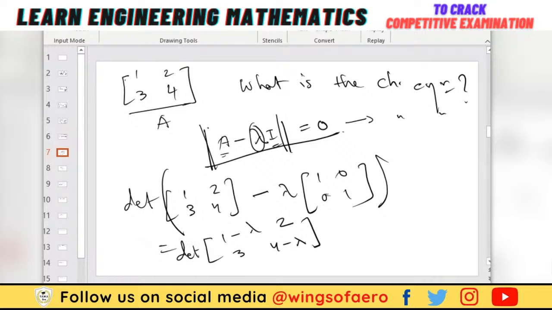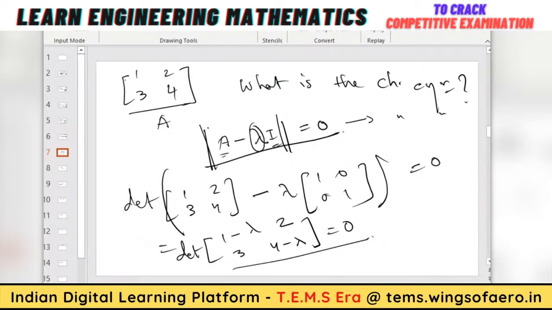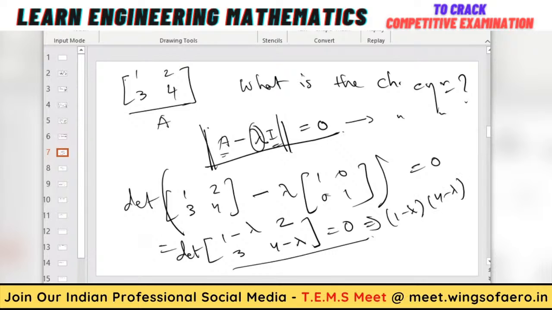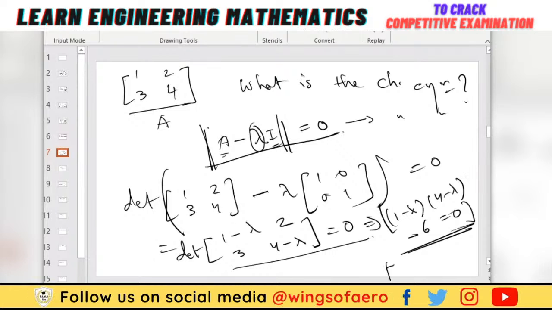Finding the determinant gives (1 minus lambda)(4 minus lambda) minus 6 equal to 0. This is the characteristic equation. Remember, the characteristic equation is always a polynomial equation.